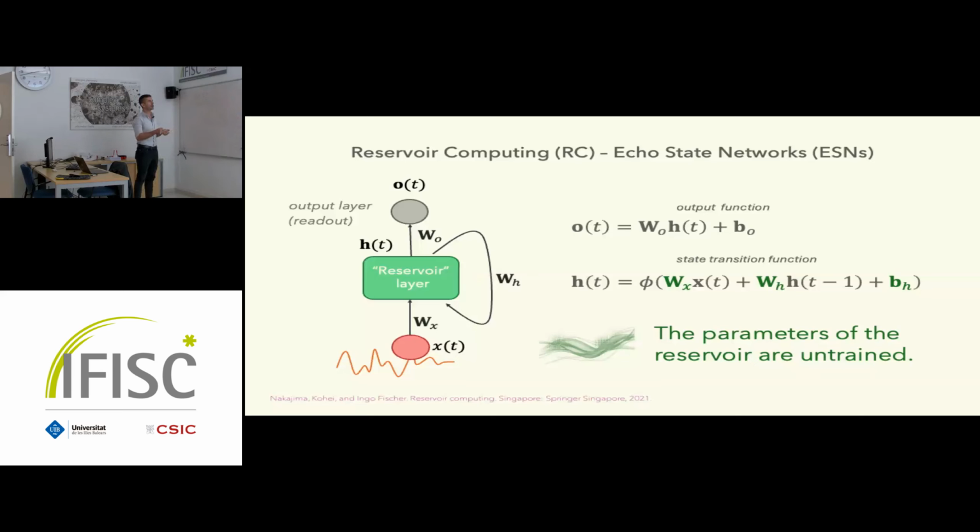And yeah, the focus is on initializing well the parameters in green of this state transition function and then leave them untrained. So we eliminate completely the need for backpropagation through time. All the problems related to gradient vanishing or explosion are overcome immediately.